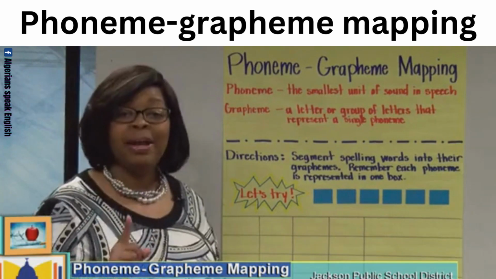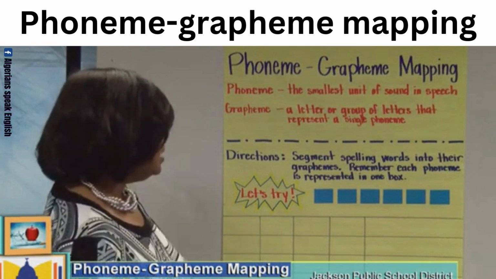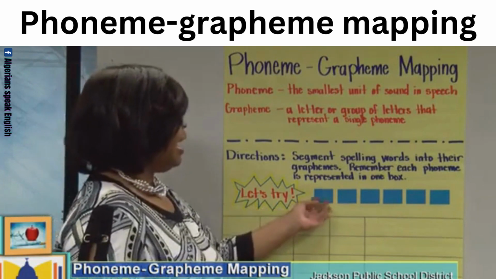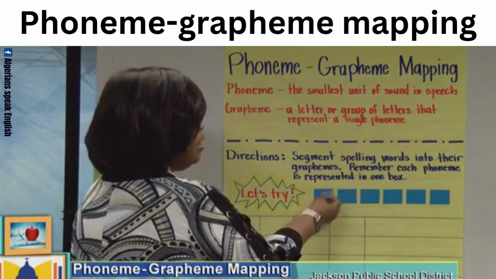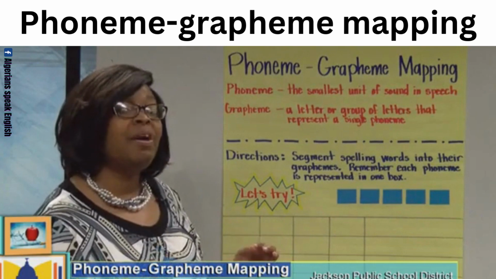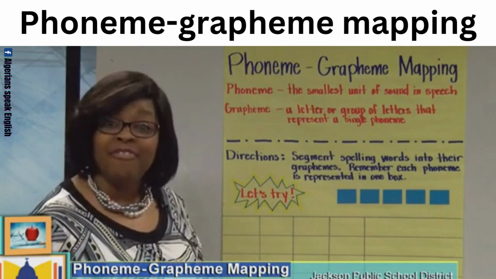Remember, each phoneme is represented by one box. Okay? So we're going to try. If you notice, I have some sticky notes that will help us to identify the number of sounds or the number of phonemes before we write the letters or graphemes.